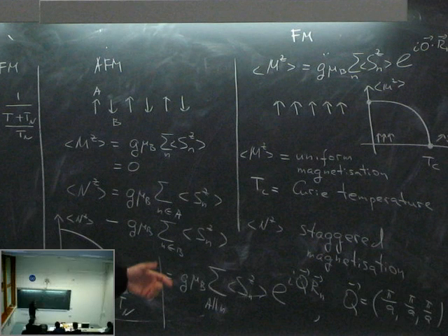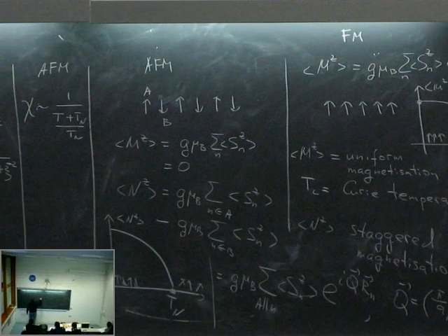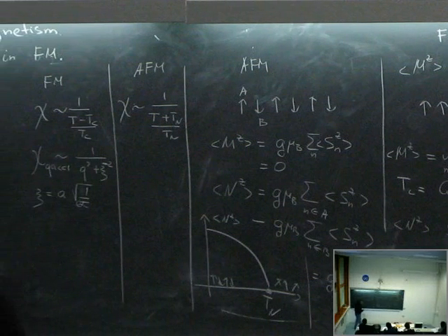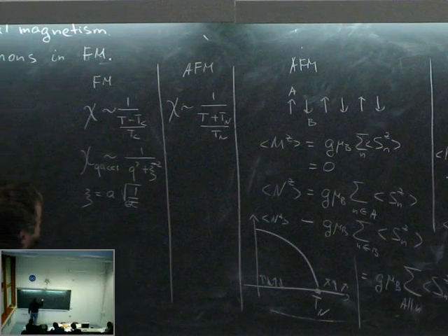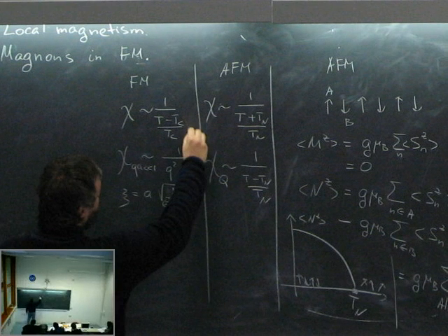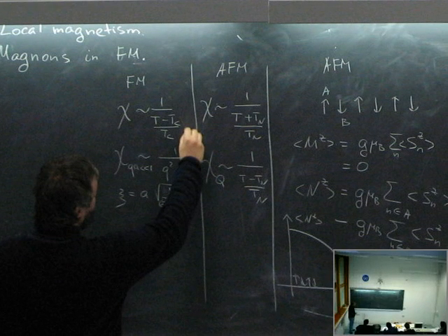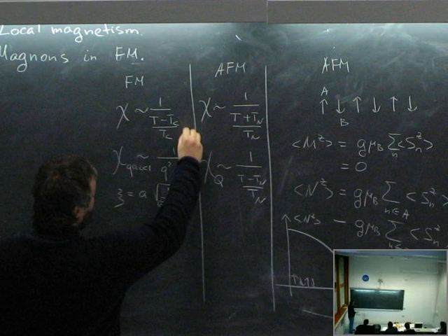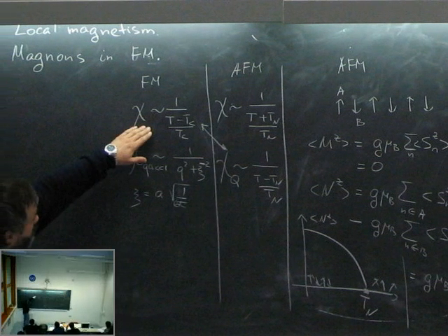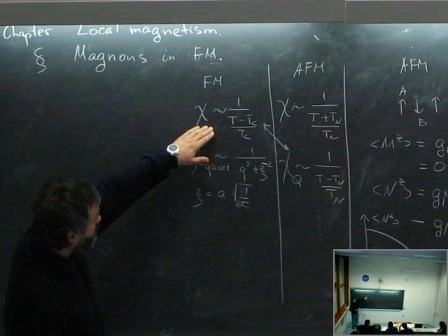Therefore, saying that the mode corresponding to staggered magnetization is critical for antiferromagnets, I can say that chi at the reciprocal vector behaves as (T minus T_N) over T_N, precisely the same way as the critical mode associated with uniform magnetization, where the proportionality coefficient, which is susceptibility, behaves for a ferromagnet, at Q equal to 0.